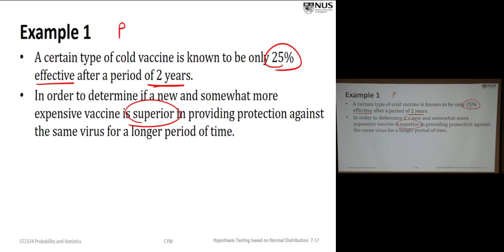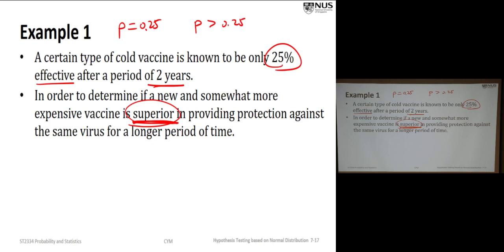So this is the statement. But now I have a new vaccine, and I want it to be superior. To measure superior means that you should have a higher proportion of patients that are still protected. So this is what we want.